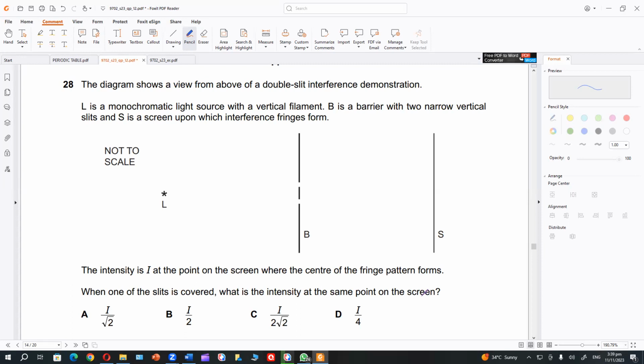Intensity is proportional to the square of the amplitude. He's covering one of the slits. So if we cover one of the slits, half of the light will pass.